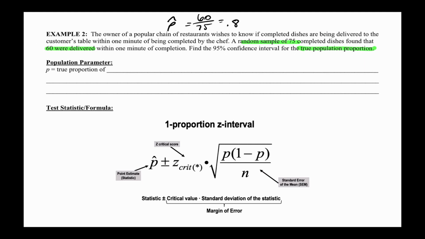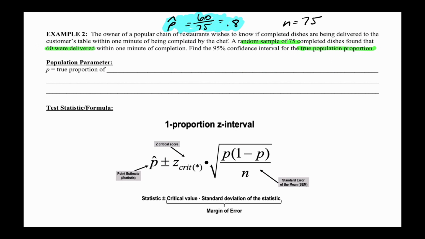And n, you see n down there? We're going to need n. So what is n equal to? 75. 75 were total in the sample, a random sample of 75. Okay, so population parameter. The true proportion. This number here is the sample proportion.